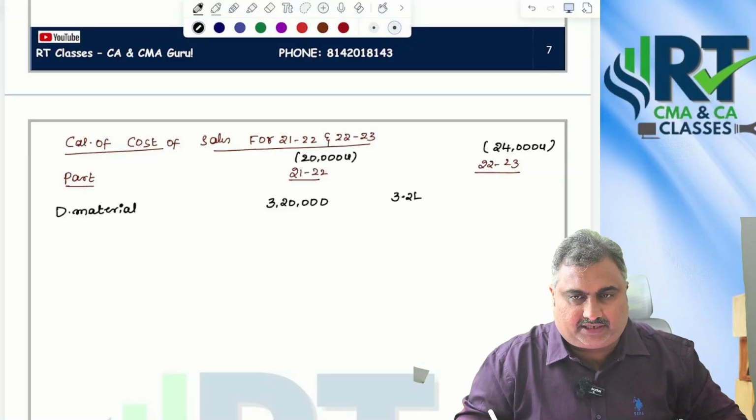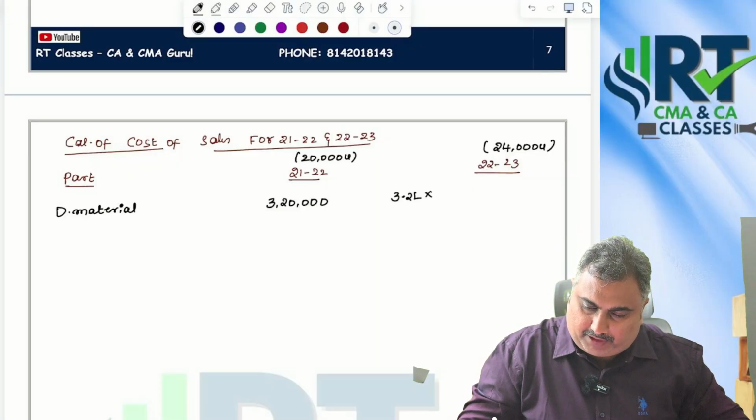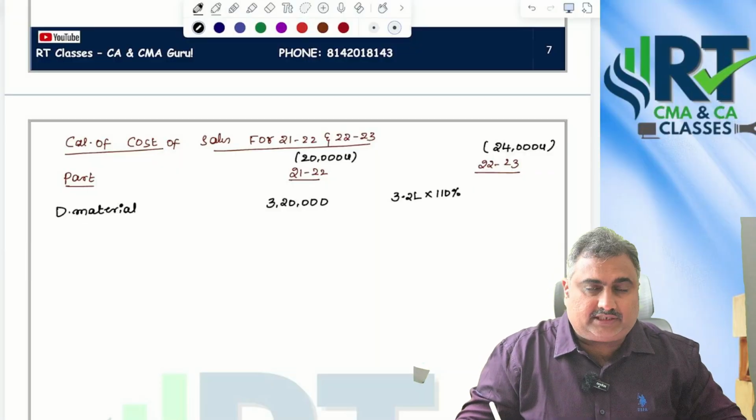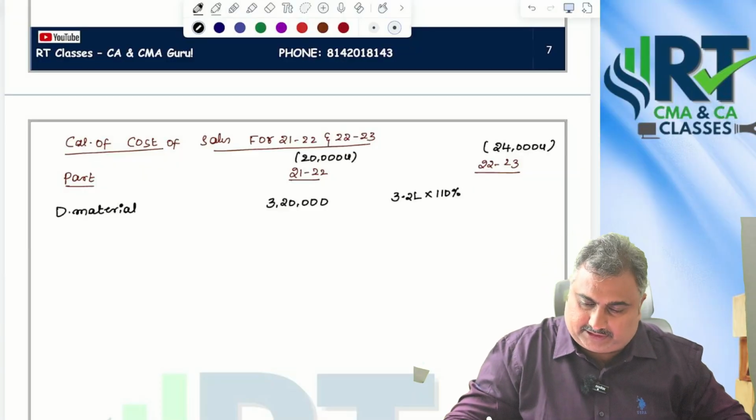3.2 lakhs is the present material cost. Multiply with how much the material prices increase? 10%. That's the reason we multiply with 110%.